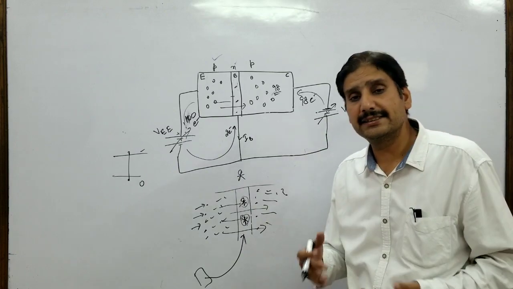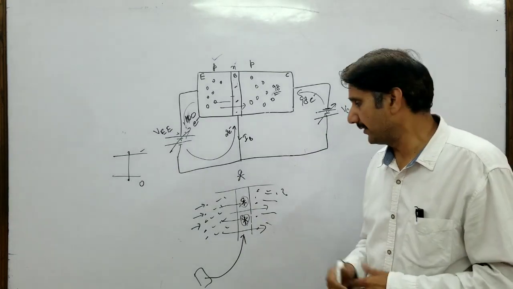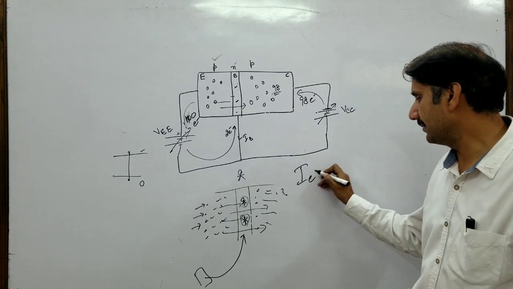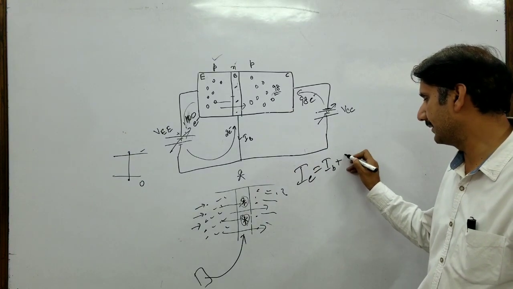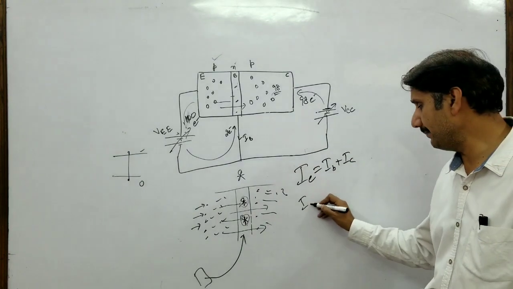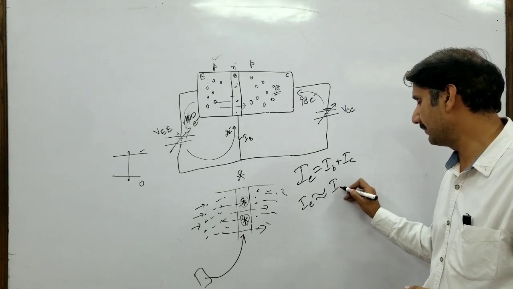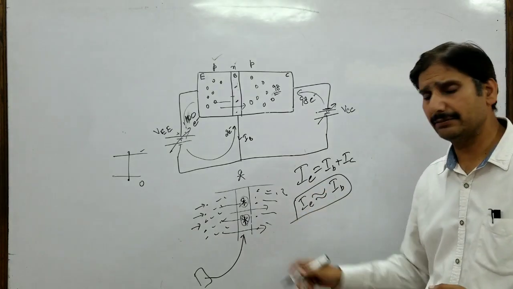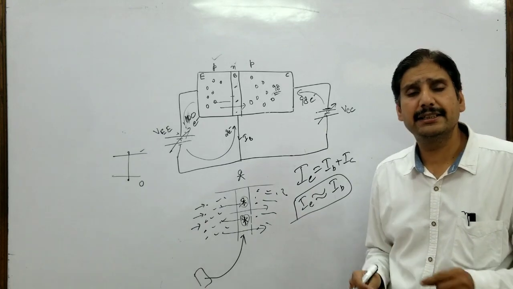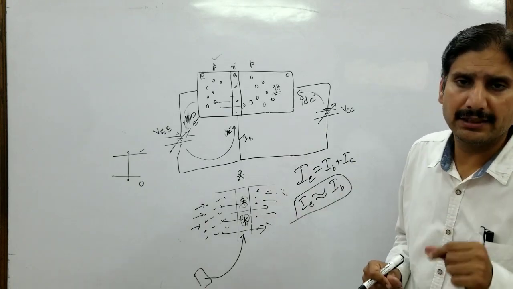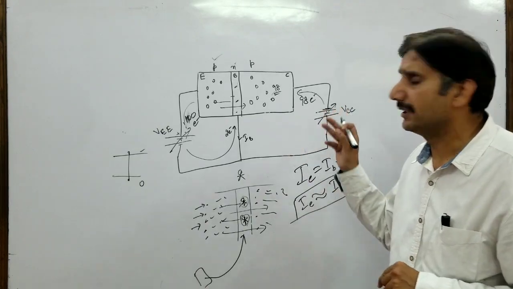The process again starts afresh. So in general, emitter current is equal to base current plus collector current, but at the same time, emitter current and collector current are almost the same, and base current is quite small in comparison to the emitter and collector current.